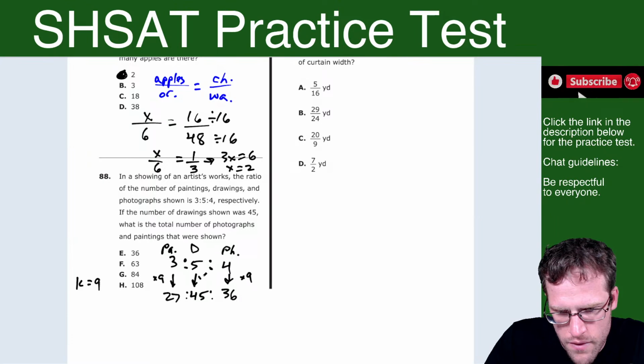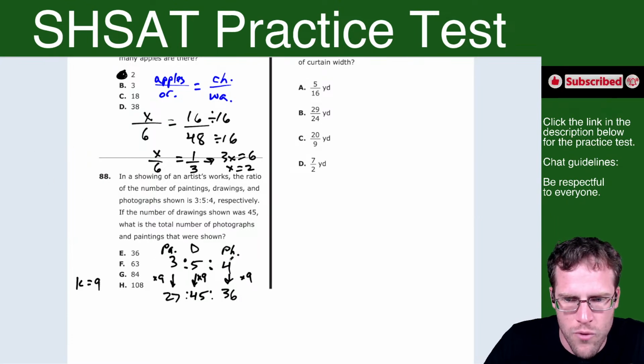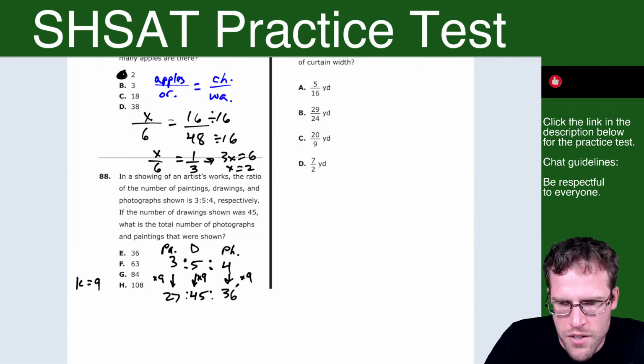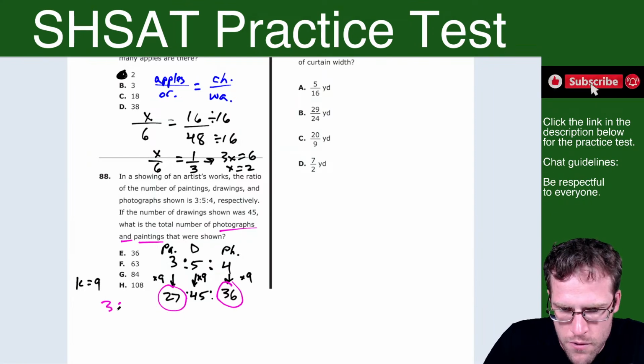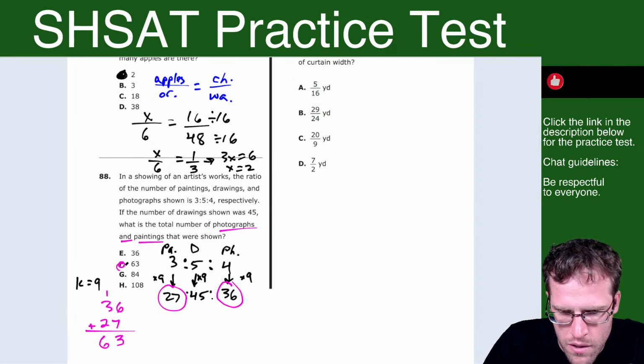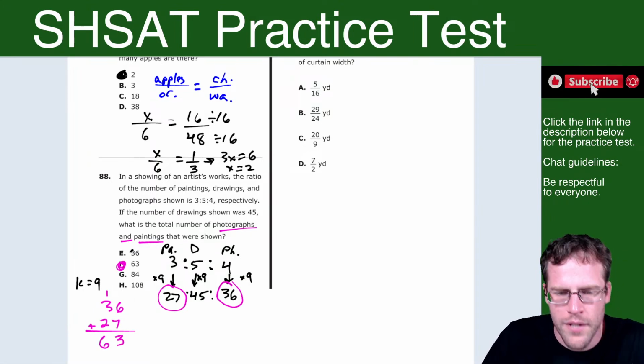Because 5 times 9 is 45. So they want us to solve for, see how 36 shows up? What is the total number of photographs and paintings? So we got to add those two. So 13, carry the 1, 63. All right, cool.